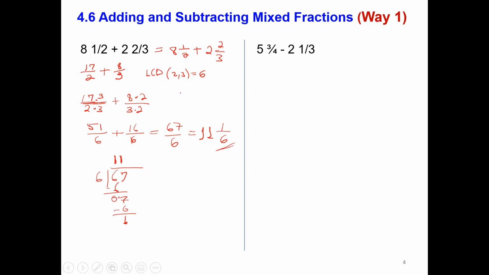Let's do the same thing with the second one. We have 5 minus 2. Let's convert these into improper fractions. 5 times 4 is 20 plus 3 is 23 over 4.